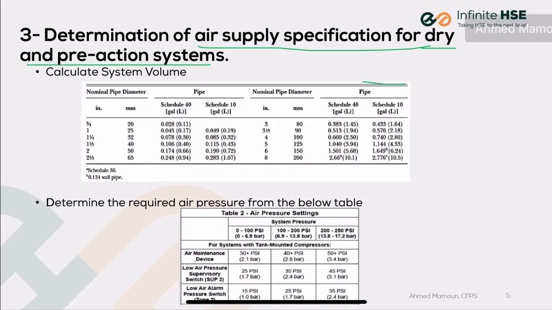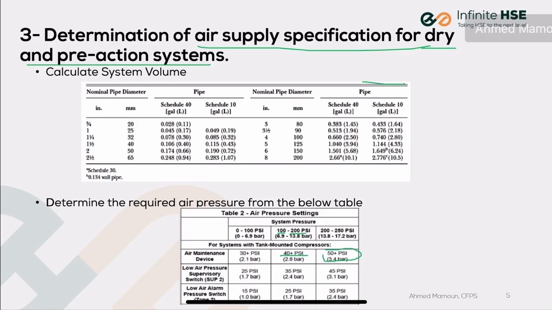If we have an air maintenance device for a system with a tank-mounted compressor, it is plus 30 psi to 2.1 bar. If our system is from 100 psi to 200 psi, then the compressor pressure will be plus 40 psi. And if the system pressure is from 200 to 250 psi, the compressor pressure will be plus 50 psi.